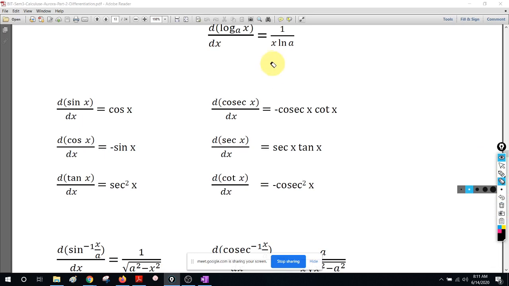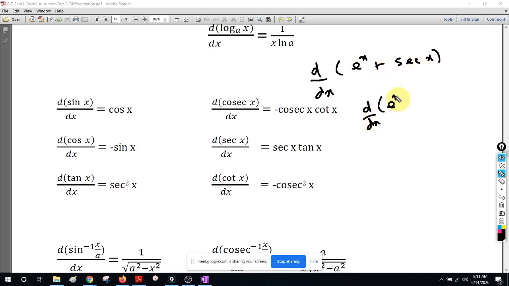So now let's combine. So assume that you want to do this, d by dx of e^x plus sec x. Right? Now I can do again the summation, d by dx e^x plus d by dx sec x.